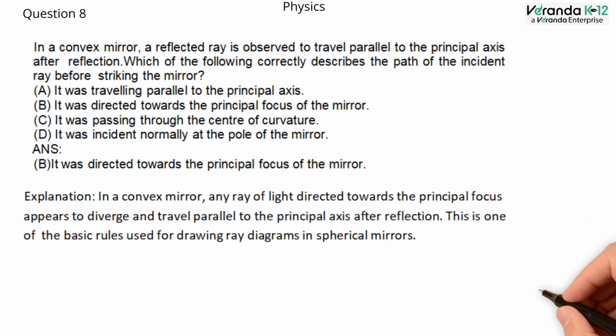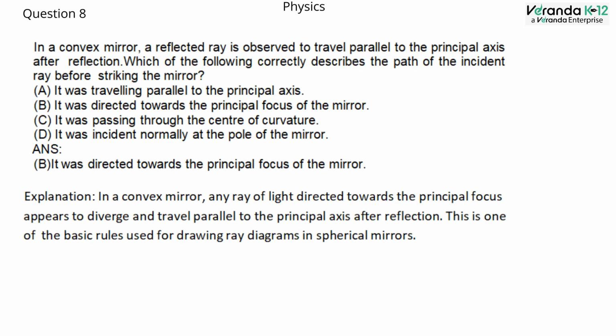Section C, Physics. Question number 8. In a convex mirror, a reflected ray is observed to travel parallel to the principal axis after reflection. Which of the following correctly describes the path of the incident ray before striking the mirror? Option A. It was traveling parallel to the principal axis.